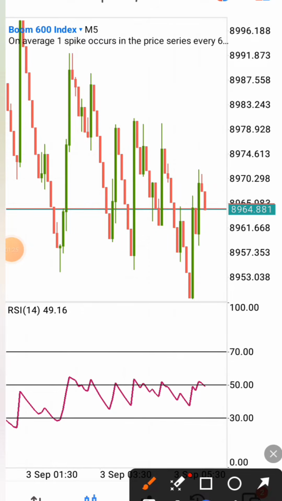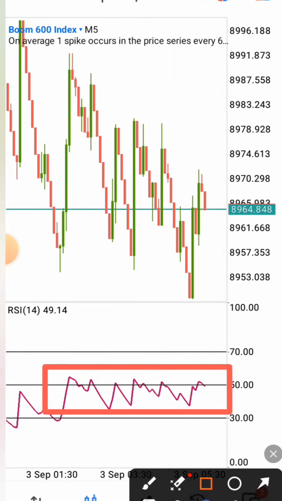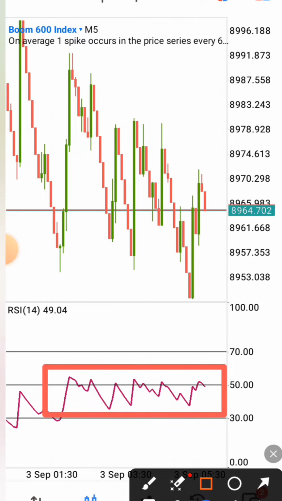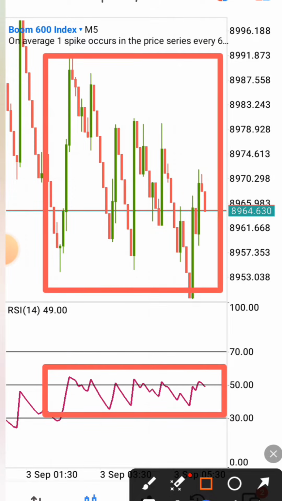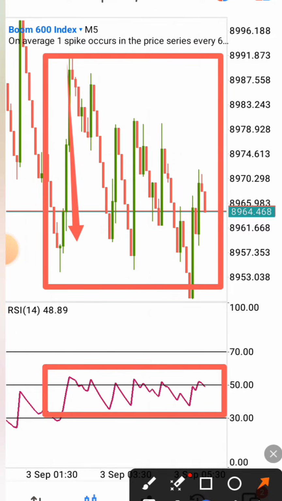Now when you see a market like this, look at this same structure. So if you are new to this, add relative strength index, level 50, period 14, just the default. Now when you go to your 5 minutes time frame, if you check this, you will see that the same thing you are seeing there, both the shape and almost everything, is this thing.